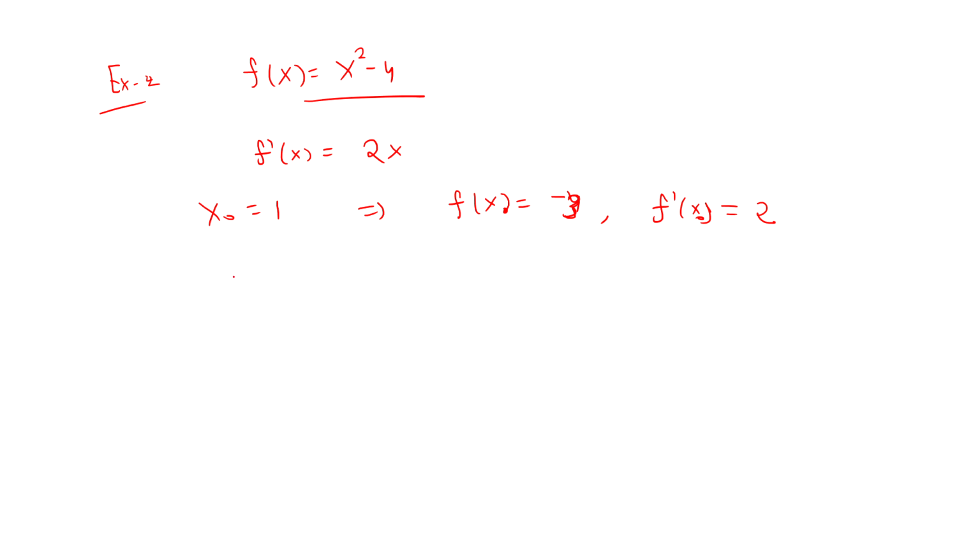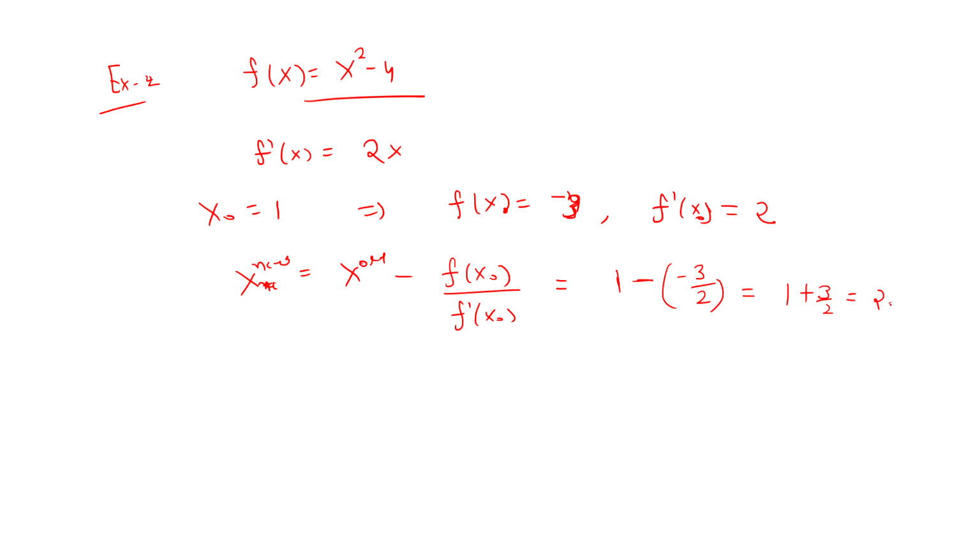That means my x new will become x old minus f of x old divided by f prime x old, which is 1 plus 3 by 2, that becomes 2.5. So if I take x old as 1, then x new will become 2.5.